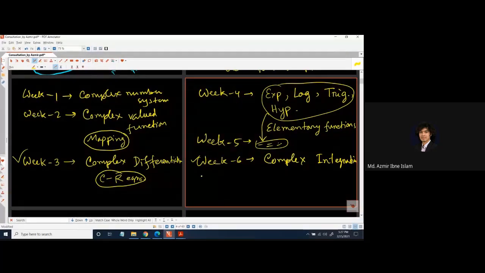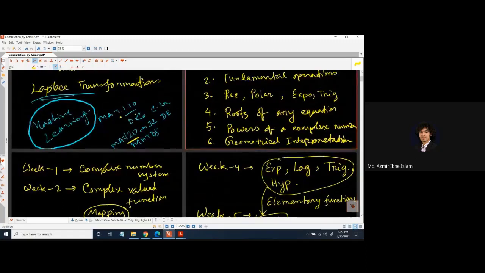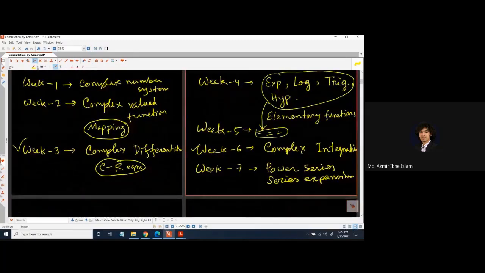So after week 6, you will get to know power series, or we can say series expansions. So in Math 110, you probably have learned about Taylor series, Maclaurin series. So same things will be learned here, but for complex number system.